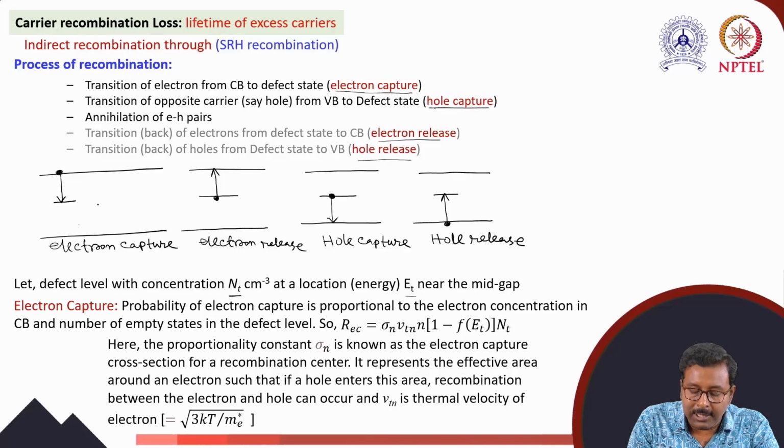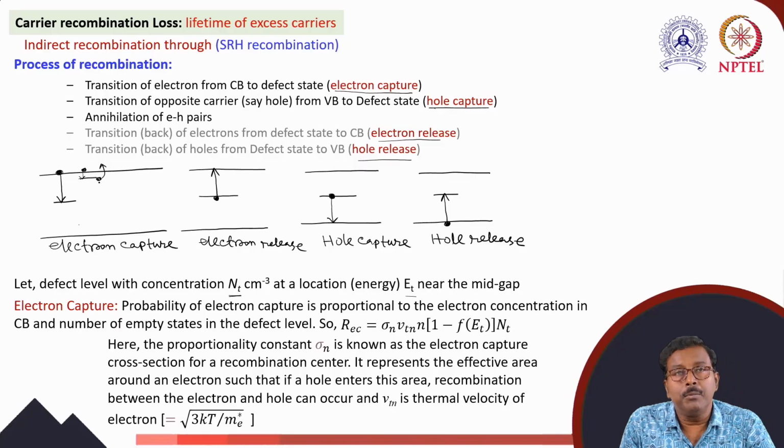If this trap state is near the mid gap, then the probability of electron capture and hole capture is the maximum. Otherwise, what would happen if there were a very shallow defect state? After capturing an electron from the conduction band to the trap state, it may be released back to the original position.